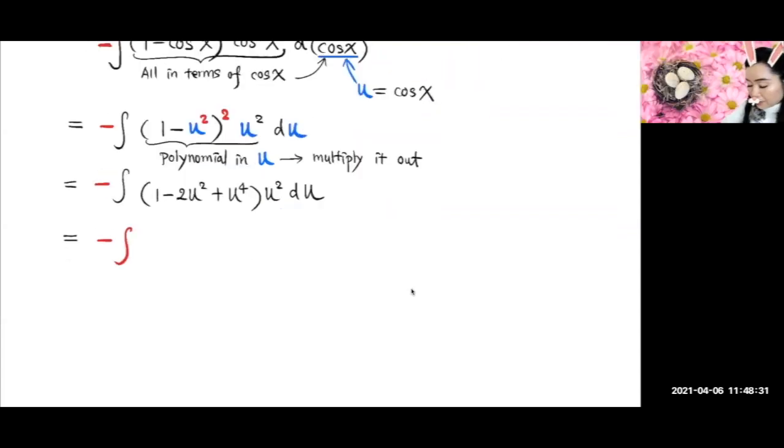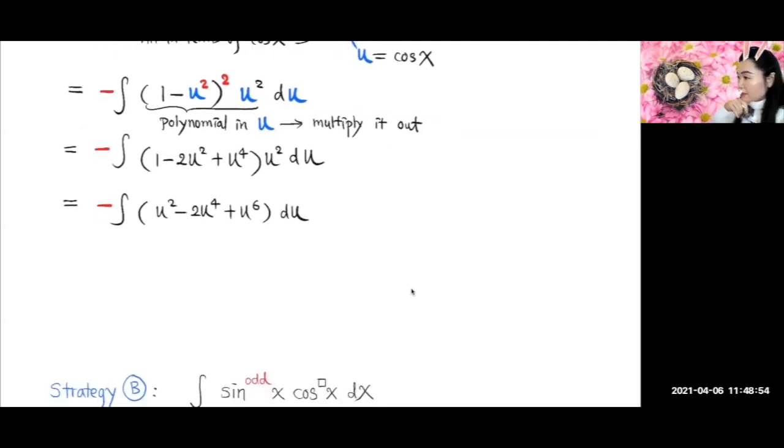And you multiply this, distribute the u squared in. You guys got it?